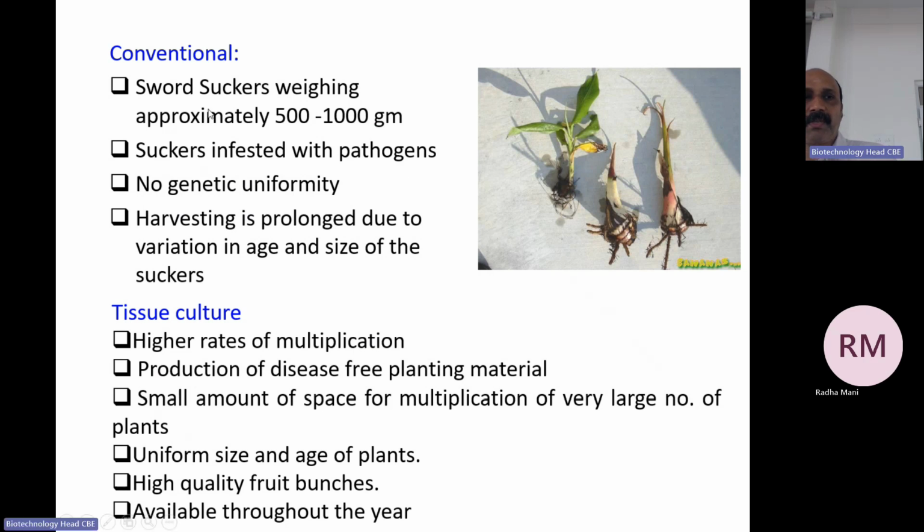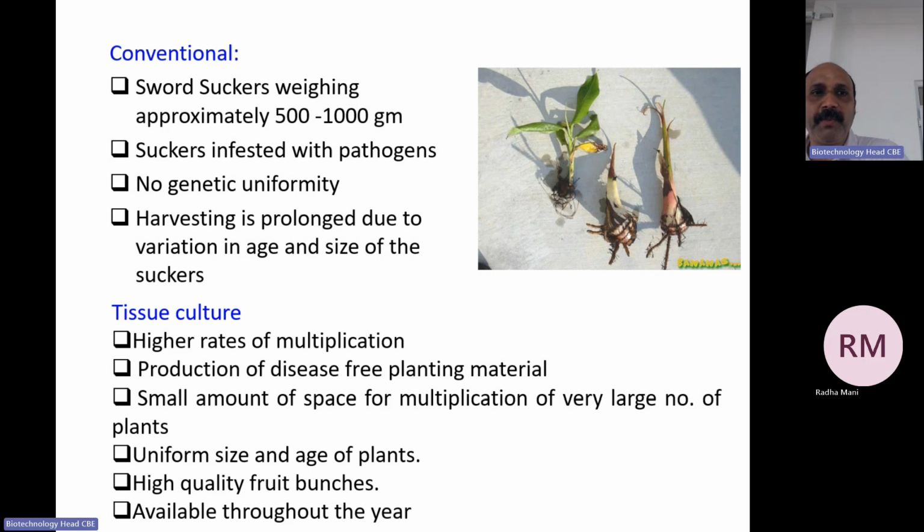And if we use the conventional methods, there will be no genetic uniformity. There can be various stages. When we look at the suckers, this one is of a much younger age, this one of a much older age. When we use suckers of different ages, the maturity differs, so the bunch production will also be delayed, and we have a delayed harvest.